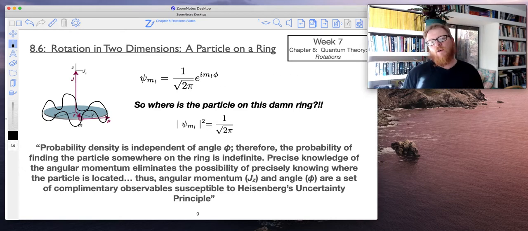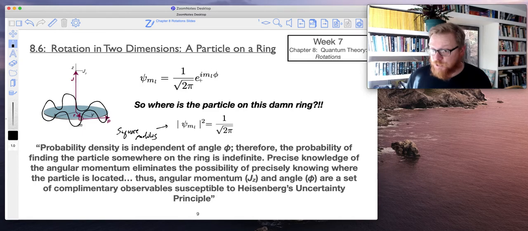Okay. So where is the particle? Well, remember, if I take psi squared, and here specifically I'm showing you the square modulus, because once again, we have imaginary numbers in our wave function, right? Well, the square modulus of this function just gives us 1 over 2 pi. So what is the manifestation? Well, probability density is independent of angle phi.